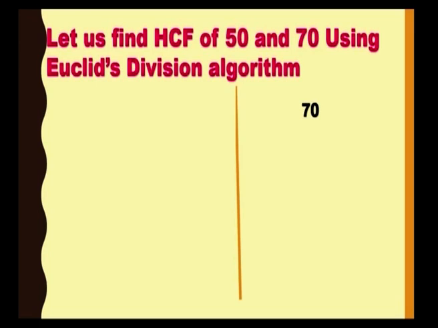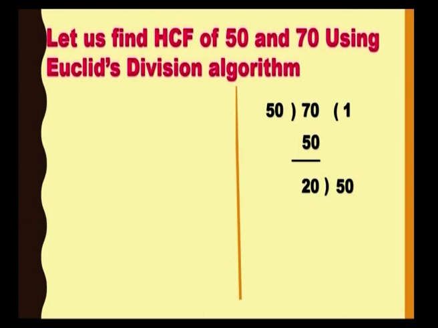First I should consider the biggest number as A and the smallest number as B. So if I take 70 as the dividend and 50 as the divisor, if I divide, 50 once is 50 and the remainder is 20. Now the remainder is converted to divisor and the divisor of the previous step is converted to dividend, so 50 is now the dividend.